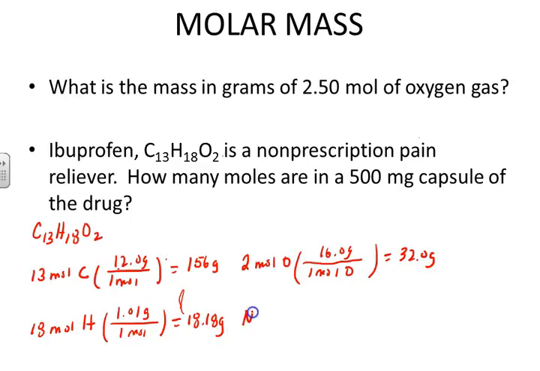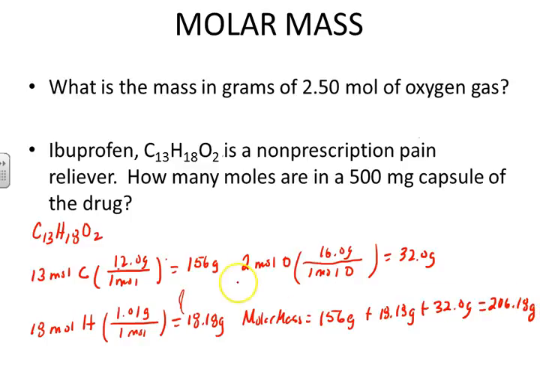So our molar mass equals 156 grams plus 18.18 grams plus 32 grams. 156 plus 18.18 plus 32 adds to give 206.18 grams per mole of ibuprofen.